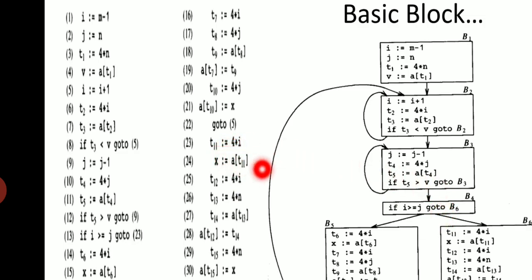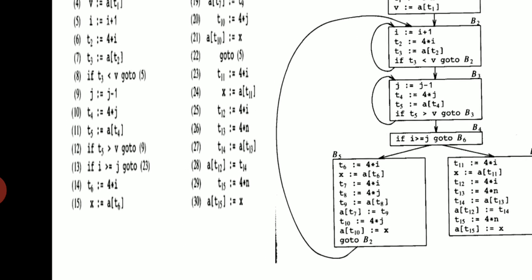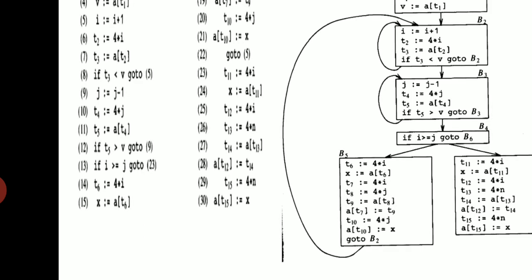Then T6 = 4 * i is actually some other block, because here it is going to this block, so after the continuation of the go-to, it will form another block. So it is shown as B5, and the go-to statement, go to 23, that particular set of statements is shown as B6, block 6. And the flow of control is represented based on the go-to as a self loop or as a directed arrow.